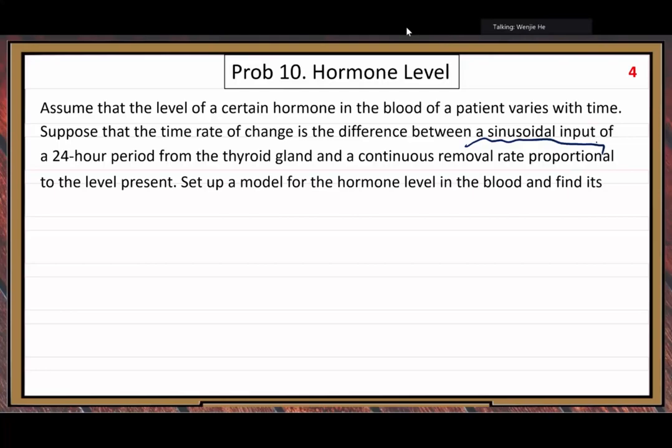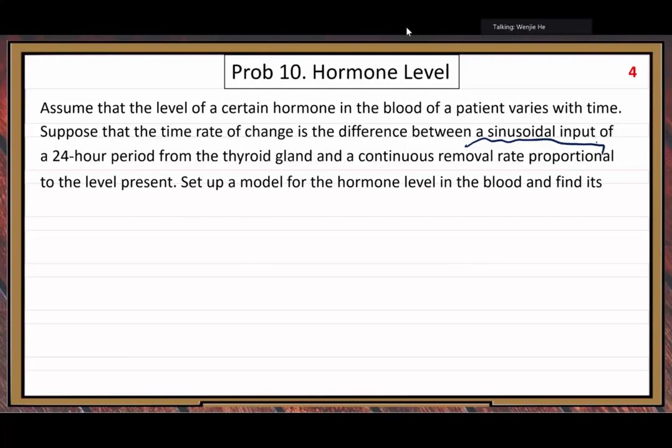But the removal rate is given in another relationship. The removal rate is proportional to the present level of hormone, the Y function. Proportional, so a constant multiple of the Y function. That's the removal rate.